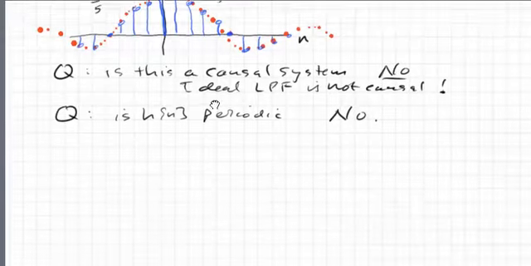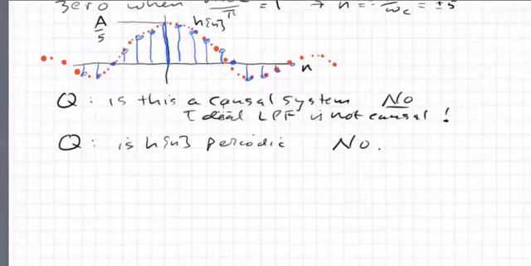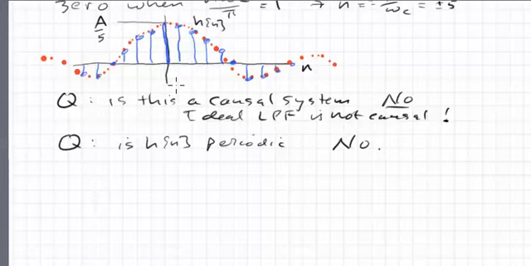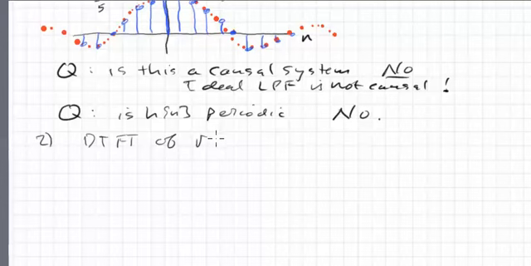All right, well, that's enough of that example, and it's a very important example, the ideal low-pass filter, and we'll worry about ways to get realizable low-pass filters later on. The next example I wanted to work with, number 2, is what is the discrete time Fourier transform of a single rectangular pulse?